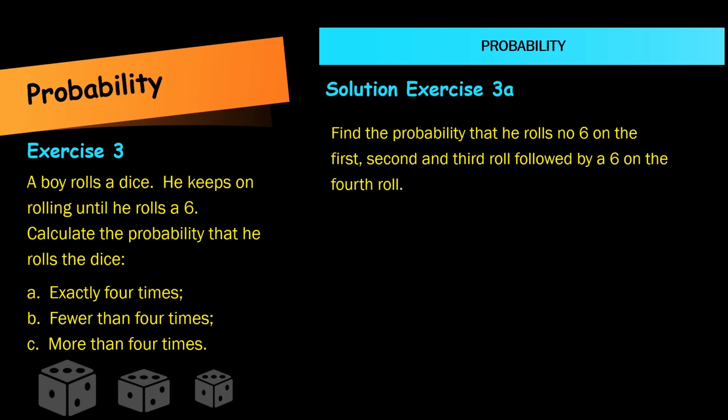We're going to find the probability that the boy rolls no 6s on the first, second and third roll, followed by a 6 on the fourth roll.